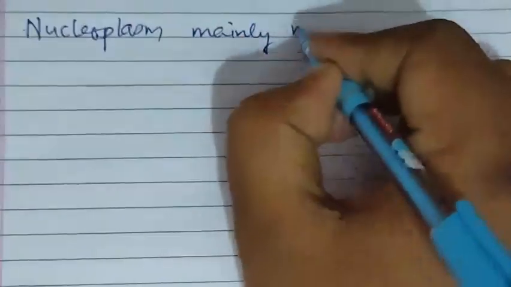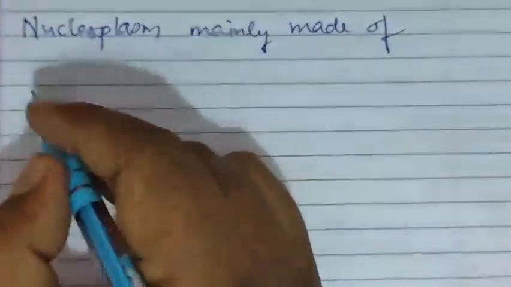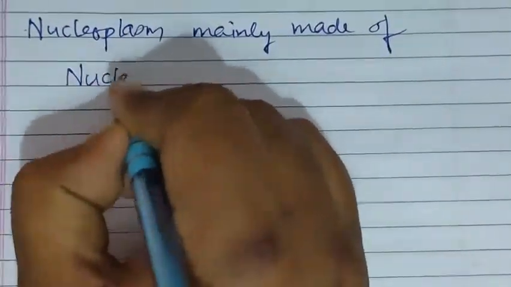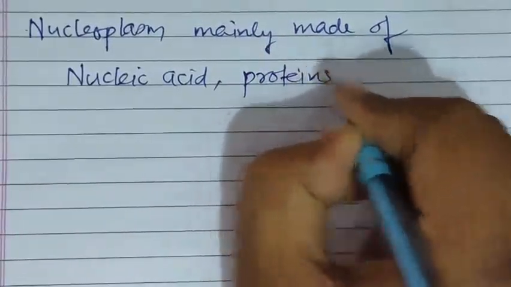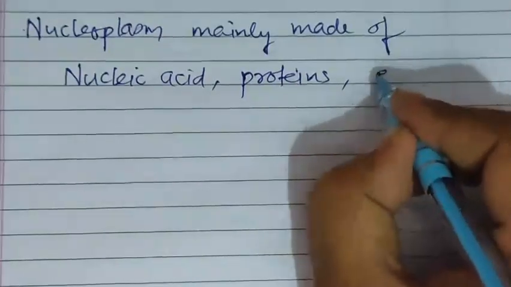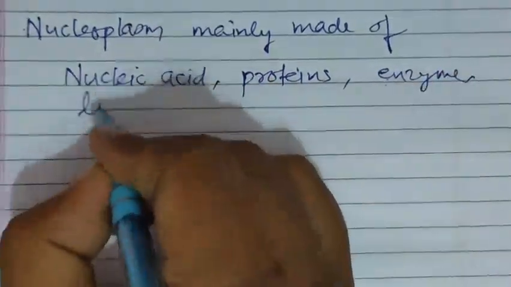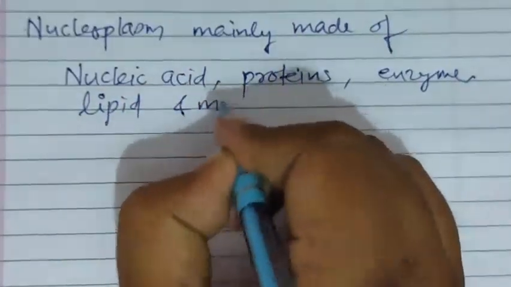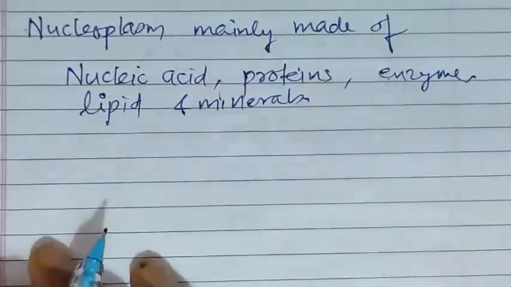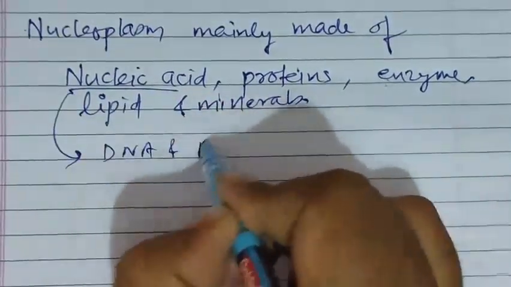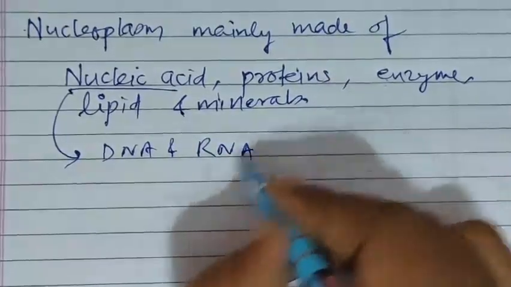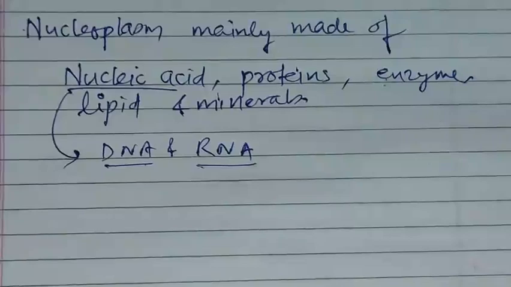This nucleoplasm is mainly made of nucleic acids, proteins, enzymes, lipids and minerals. Nucleic acids are DNA and RNA. They are found here in association with some proteins.